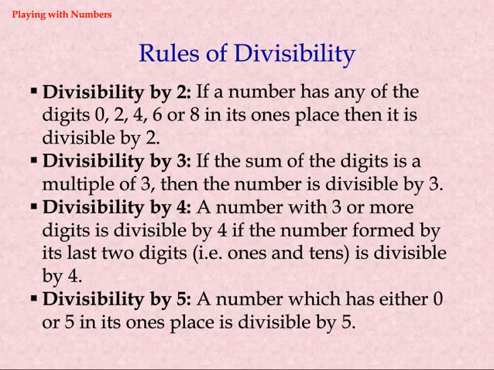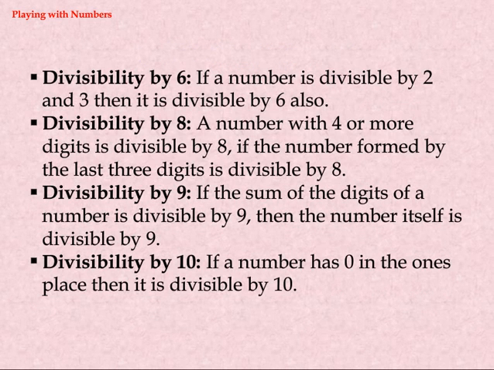Divisibility by 4, a number with 3 or more digits is divisible by 4 if the number formed by its last 2 digits, that is ones and tens, is divisible by 4. Divisibility by 5, a number which has either 0 or 5 in its ones place is divisible by 5. Divisibility by 6, if a number is divisible by 2 and 3 then it is divisible by 6 also.